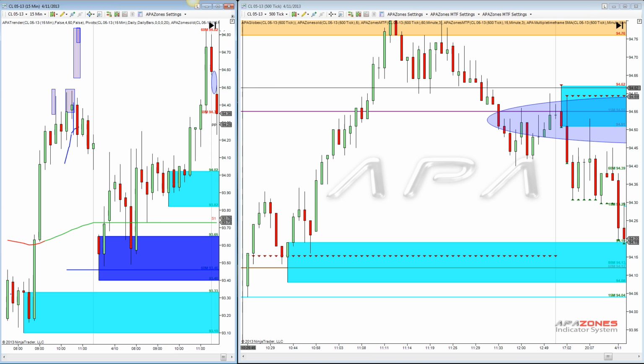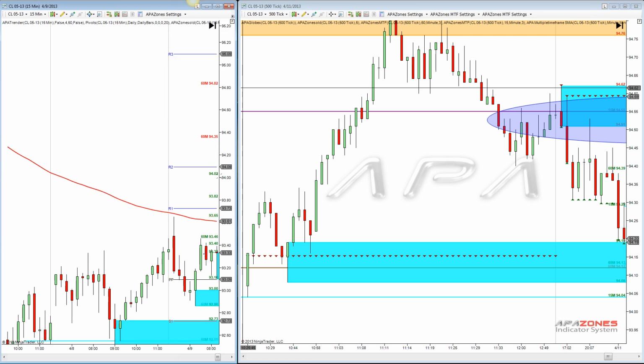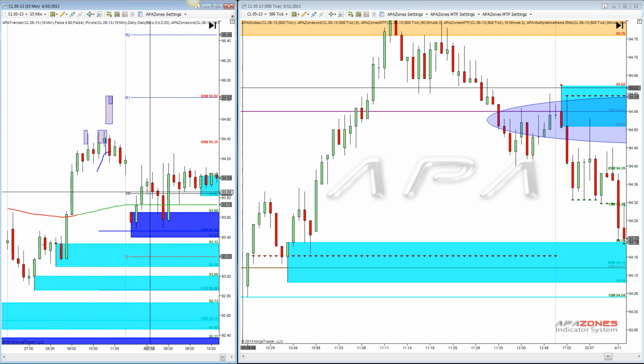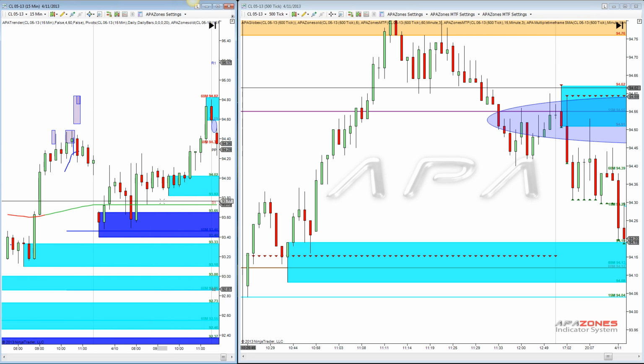That's kind of what I'm looking at, and it looks like we have a process of higher highs here as we are in somewhat of an uptrend. Let's take that into consideration. The trend is obviously up.